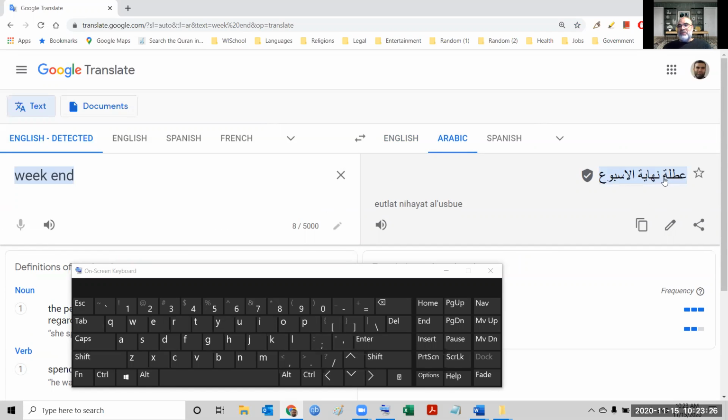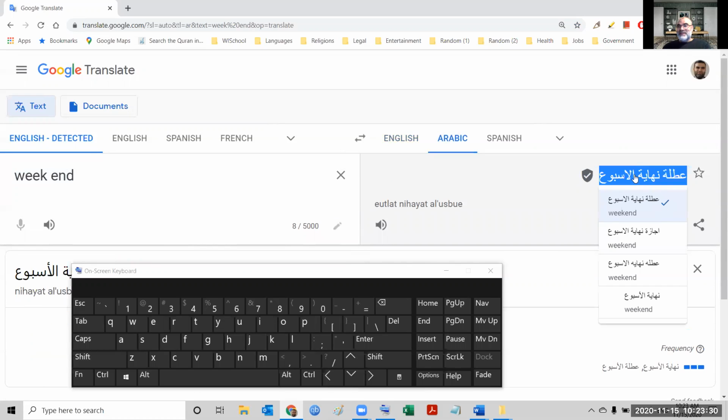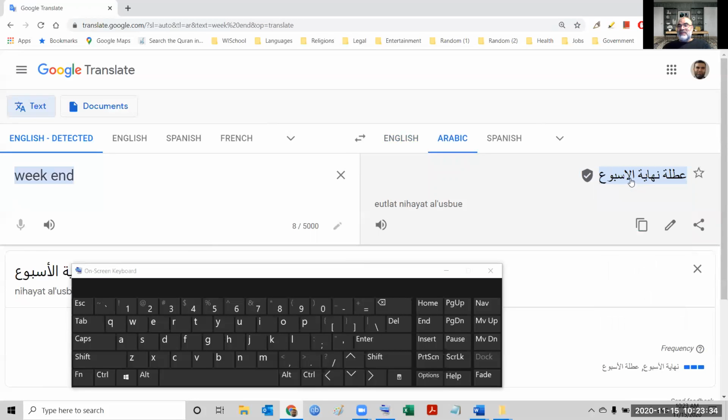Okay, so we're going to take just this part. I don't need the عطلة. عطلة means break, and I don't have a break here, like weekend. But I have نهاية الأسبوع, which is the end of the week.